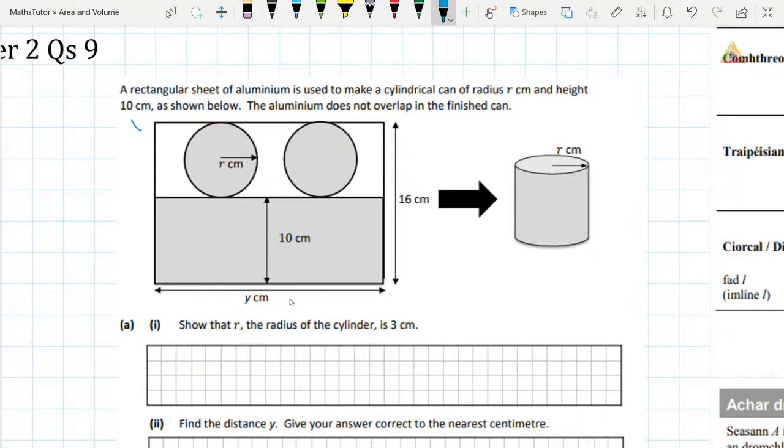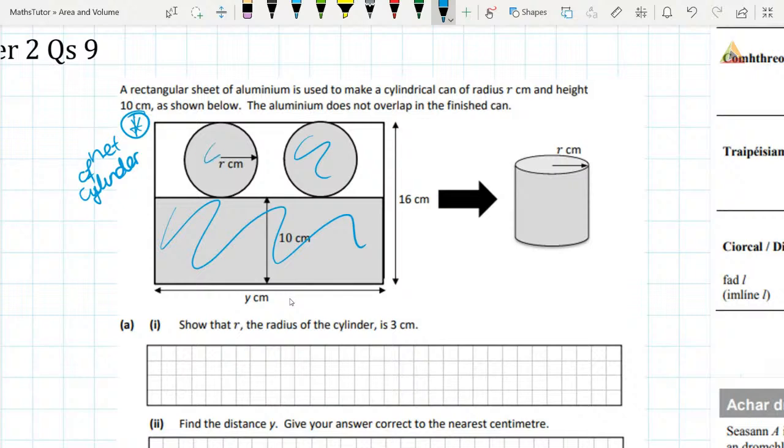So this diagram here is the net of the cylinder in a rectangle. So we have some extra pieces that are going to be there. So the net of it is this rectangle here with these two circles. They're going to make this cylinder.